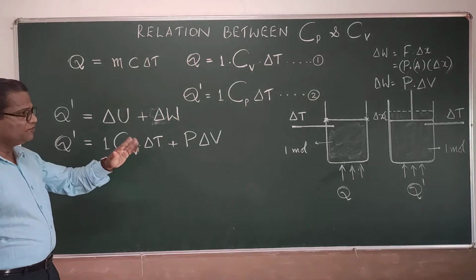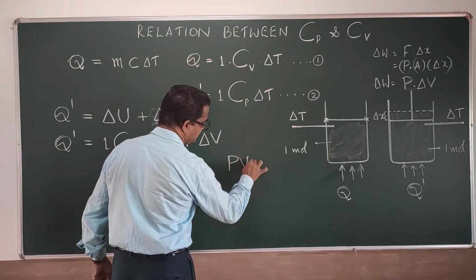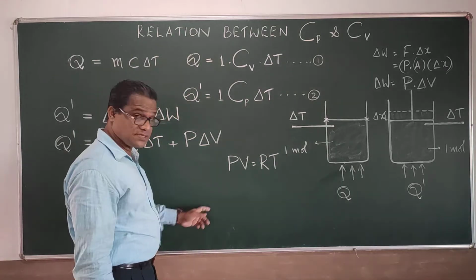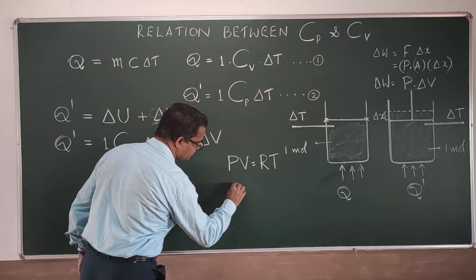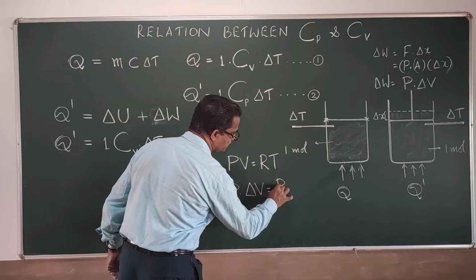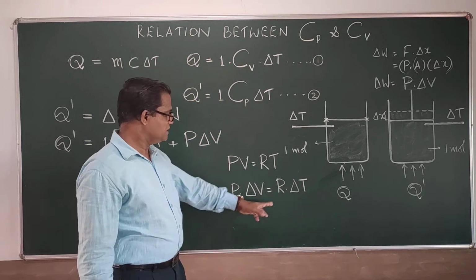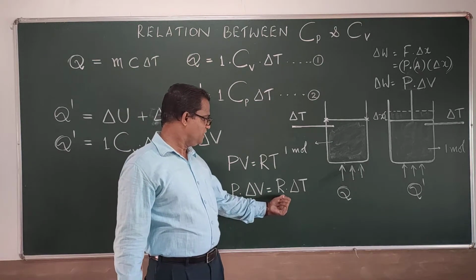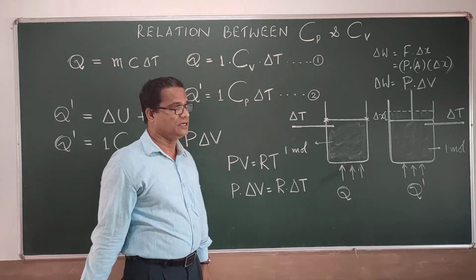Now for 1 mole of gas, it follows the gas equation PV equal to RT. For the second case it is constant pressure and the volume is changing, and therefore there will be a change in temperature also. Due to the rising temperature, the volume is rising. So P into delta V is equal to R into delta T, where R is the gas constant.